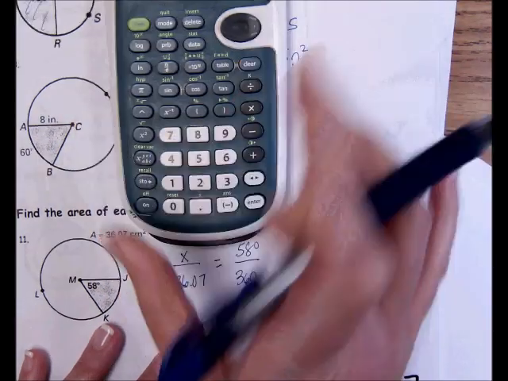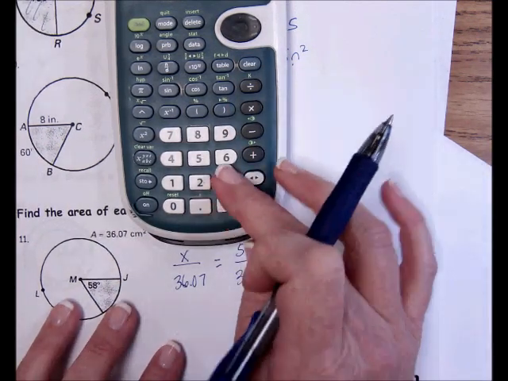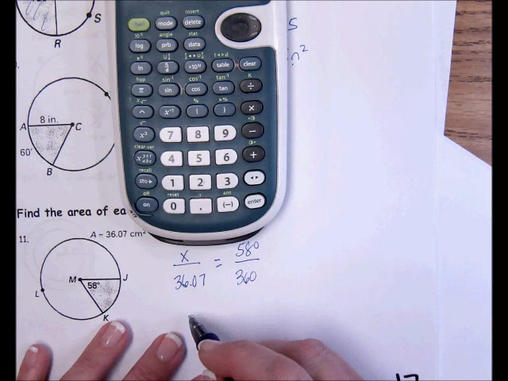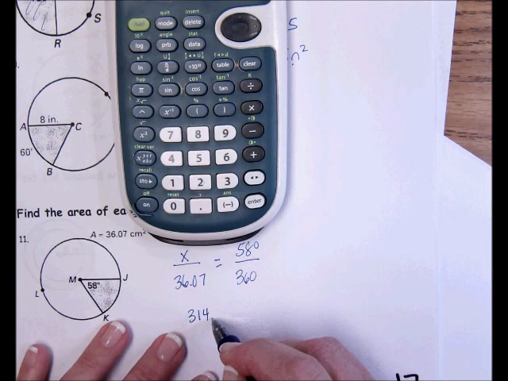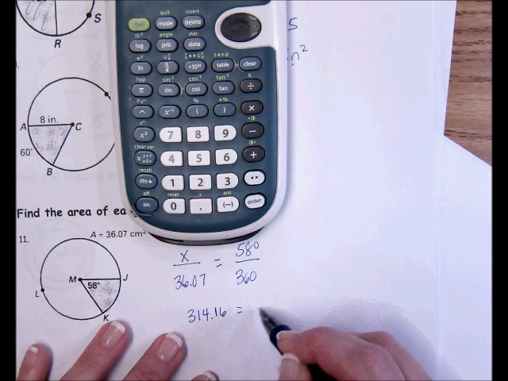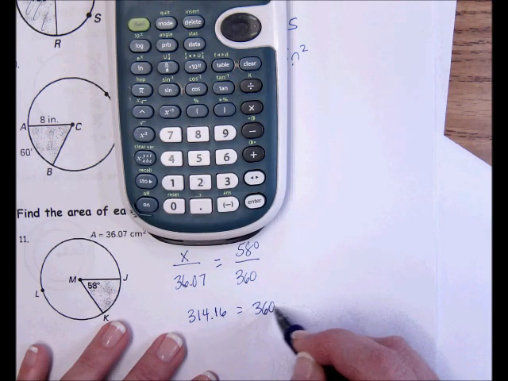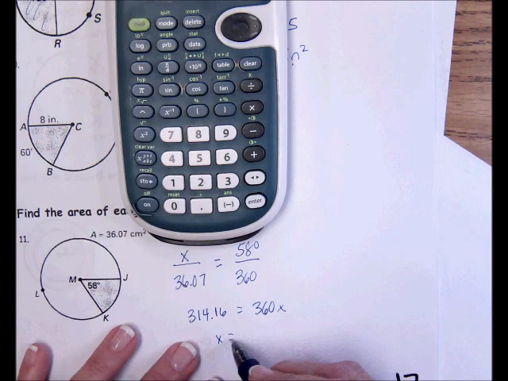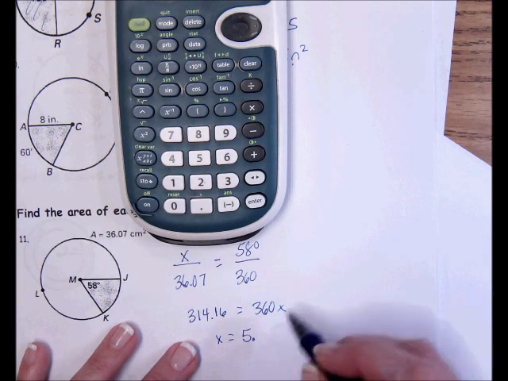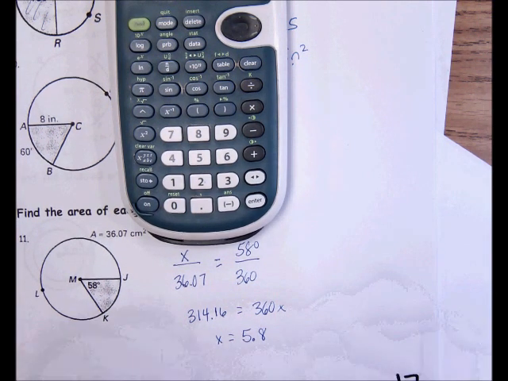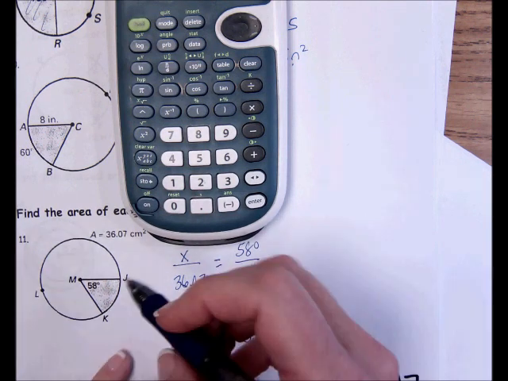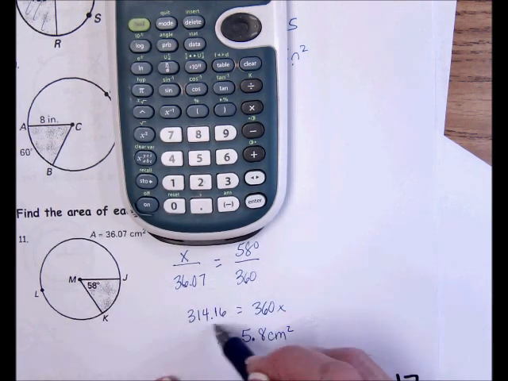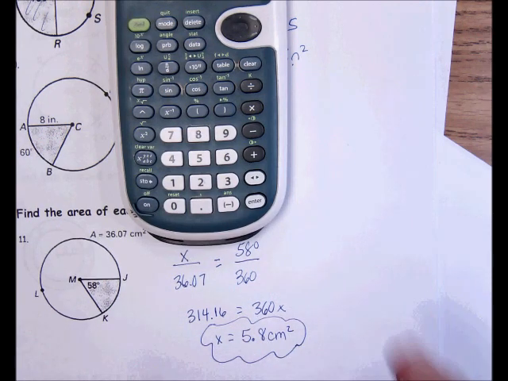So I take 58 times 36.07, and that is 314.16, which is equal to 360x, so I divide that by 360. And so x is going to equal 5.8. The area of my sector here is 5.8 centimeters squared.